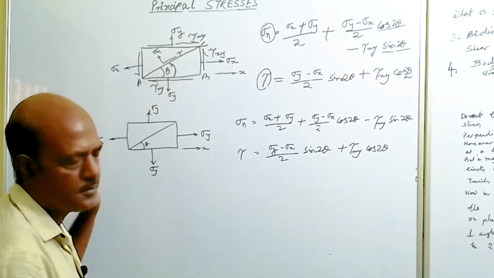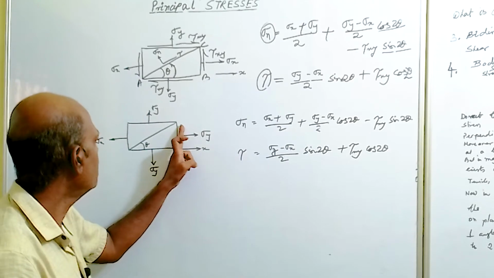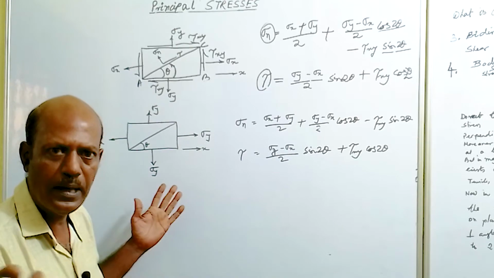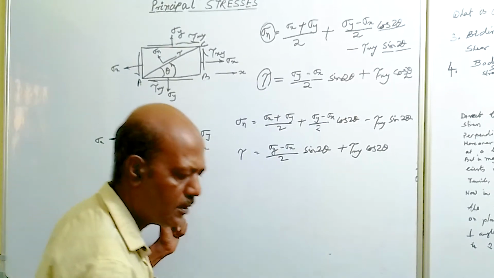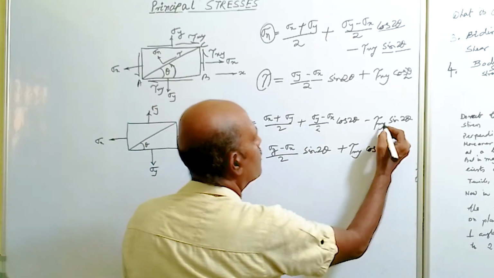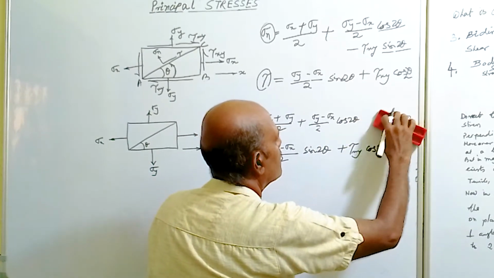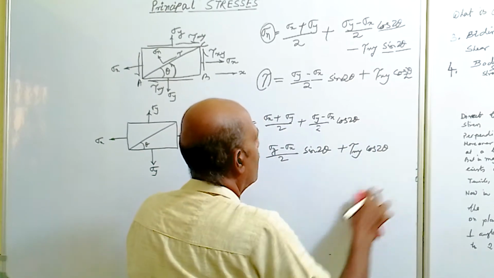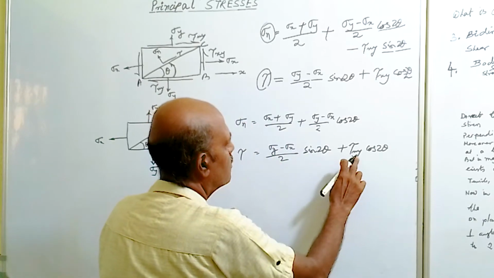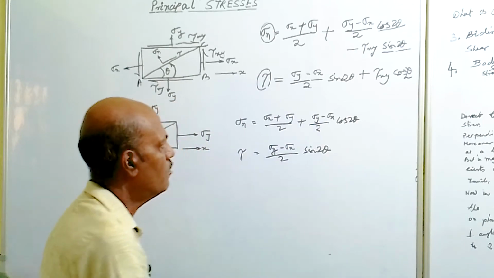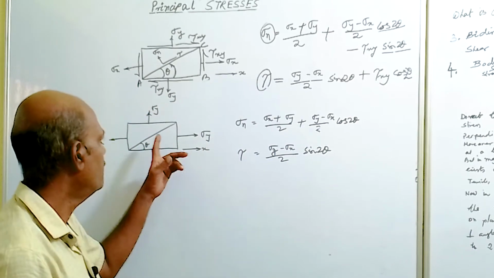Now in this case, tau is not there on x plane as well as on y plane. So tau value is 0. Once tau value is 0, we can put tau value as 0, so this term will vanish. Similarly, in tau, this tau xy cos 2 theta also will vanish. So this will be the formula for this case.